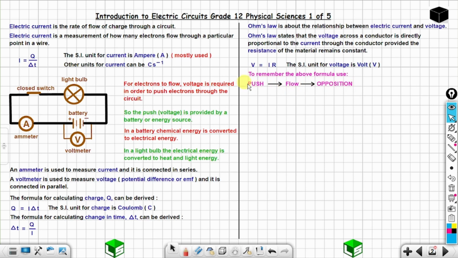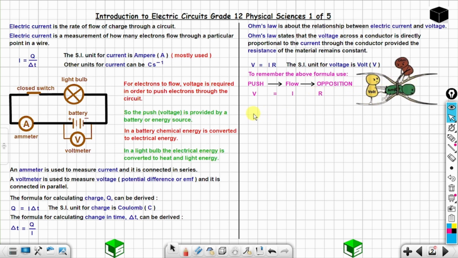So a push is voltage, and this is equal to the flow of charge, which is the current, times resistance. As the word implies, resistance is opposition. This can be represented using this drawing.